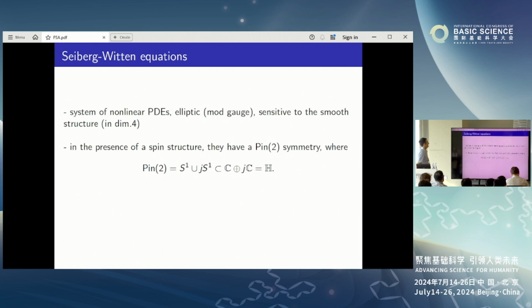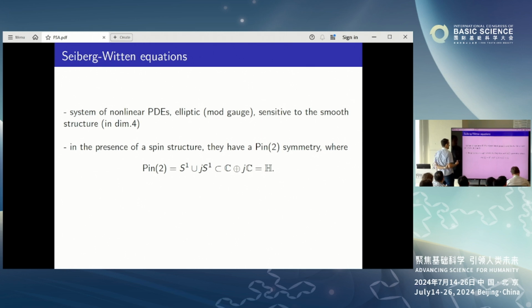But then the next tool is the Seiberg-Witten equations. This came as a sort of replacement for Yang-Mills in the 90s. They're a system of two nonlinear PDEs, again elliptic, modulo gauge, and they're sensitive to the smooth structure. They're somewhat easier to study than Yang-Mills.